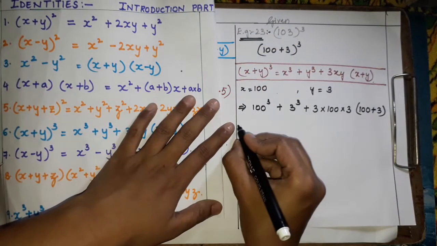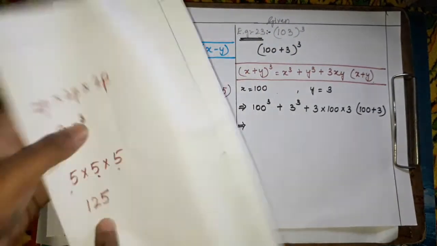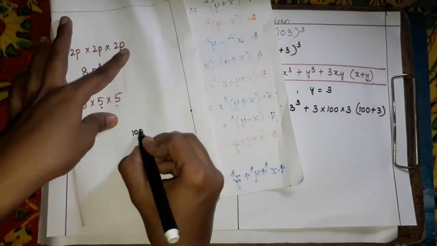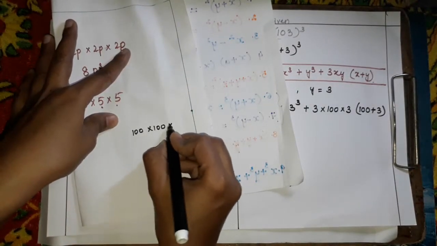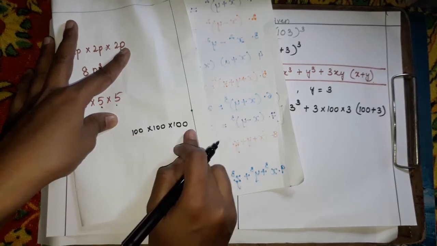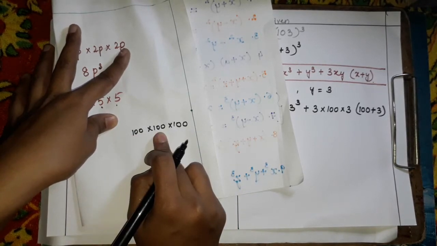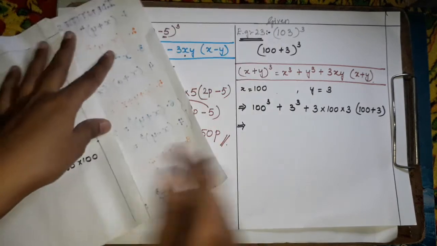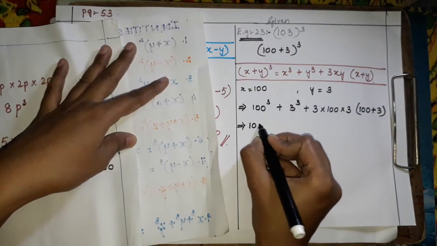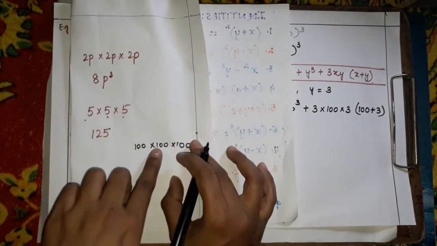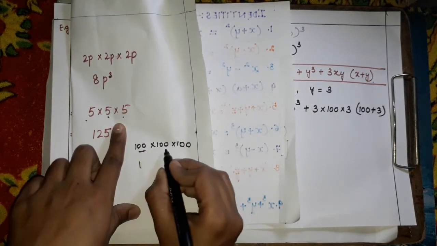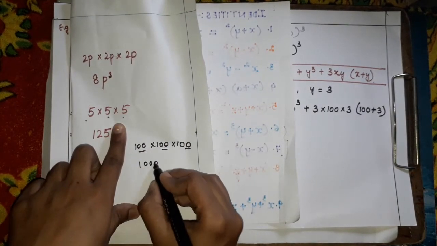See here, now 100 cube. 100 into 100 into 100. You have to multiply this. 100 into 100 is 10,000. 10,000 into 100, you have to multiply it. Simply what you can do, 1 1s are 1, 1 1s are 1. How many zeros are there? You can write that many zeros.